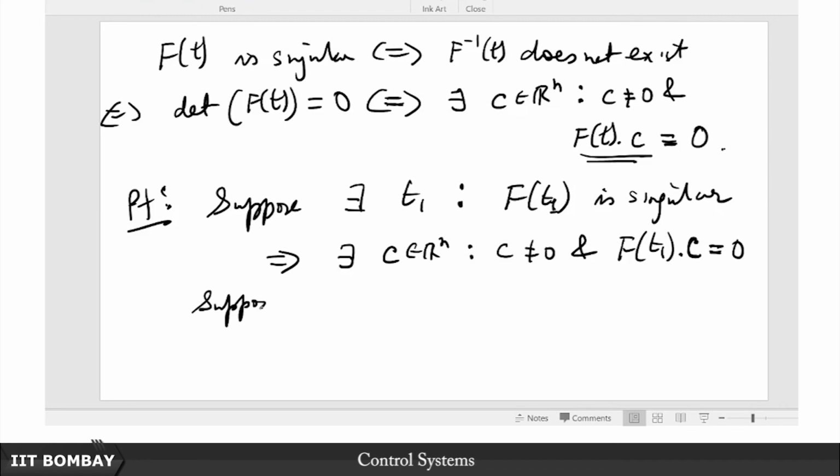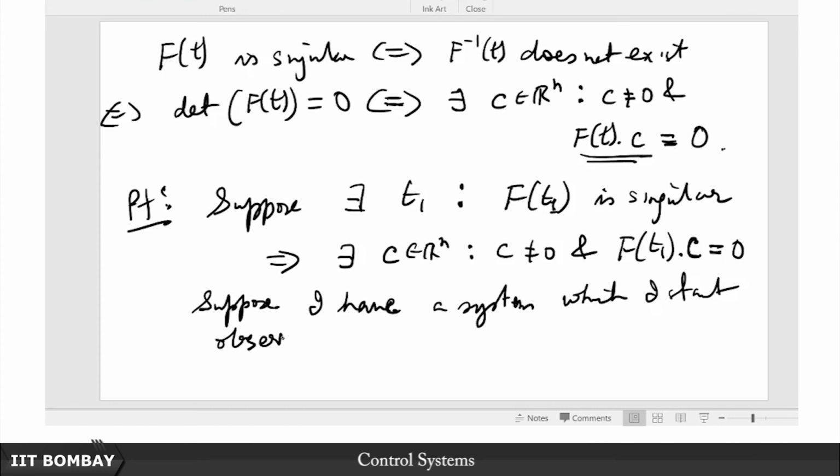suppose I have a system which I start observing from the instant t is equal to t1. So then my initial condition is what?